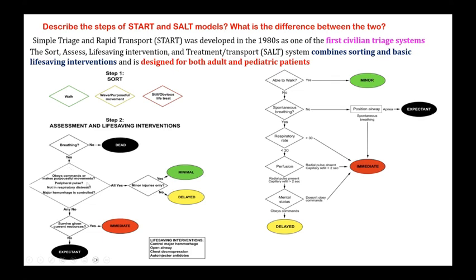If breathing is there, obeys commands or makes purposeful movements, all these things you check, and if all are yes, that means it goes into the minor categories, either green or yellow. And only when these things are not present do you give more importance to that patient and see whether he can be salvaged by immediate treatment. But if he is very seriously injured, going down the hill and expected to die, don't spend too much time on that patient also.